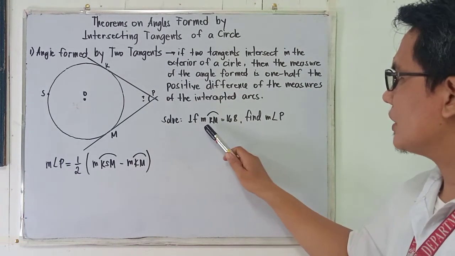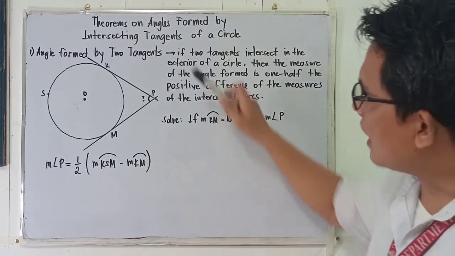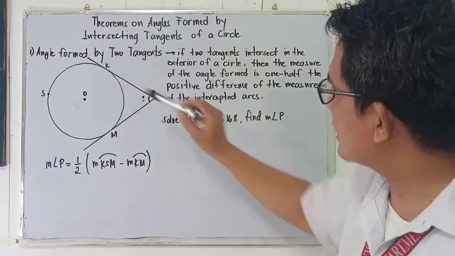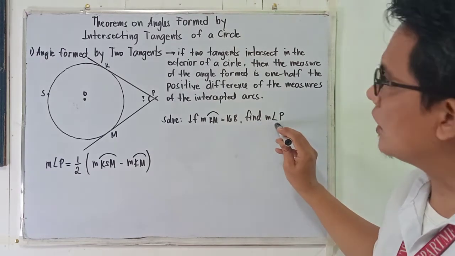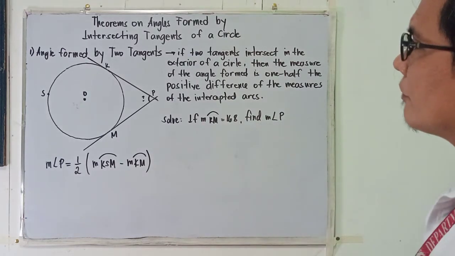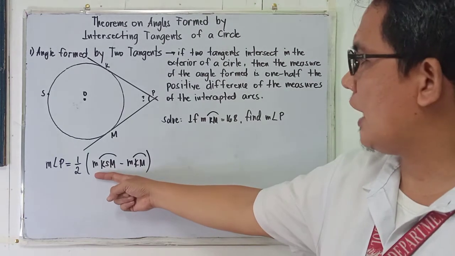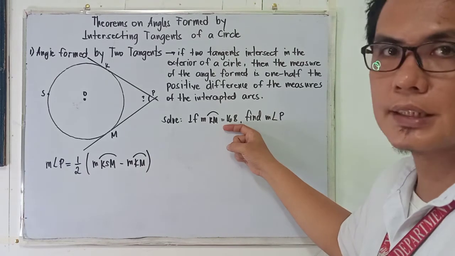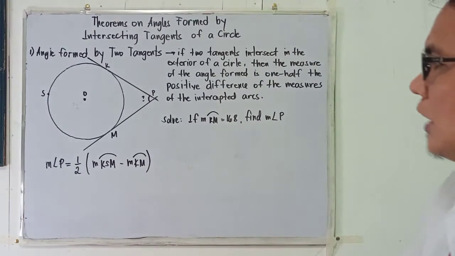It is provided that arc KM, the smaller arc here, is equal to 168 degrees, and we are going to solve for angle P. With that given information, we need to solve first for arc KSM, since what is provided is arc KM, which is 168. So how are we going to solve for arc KSM?